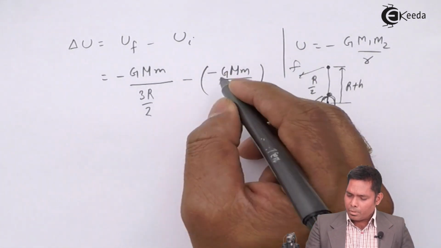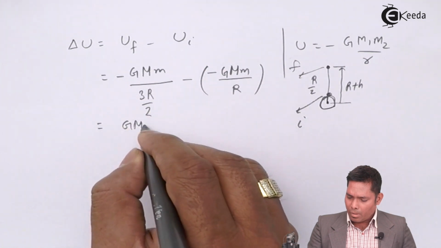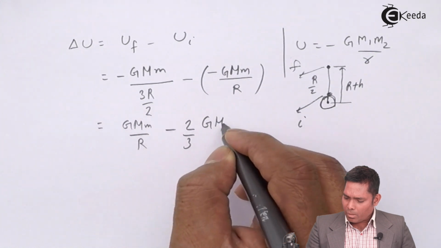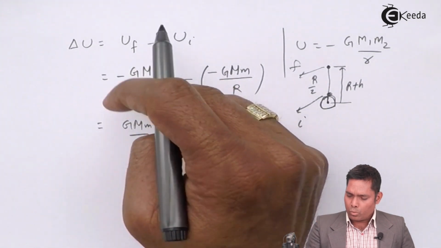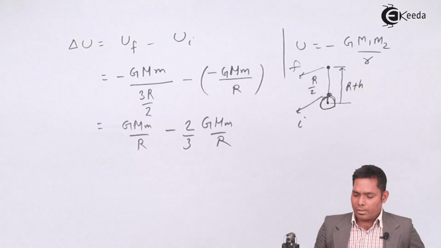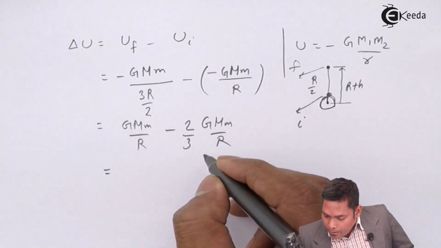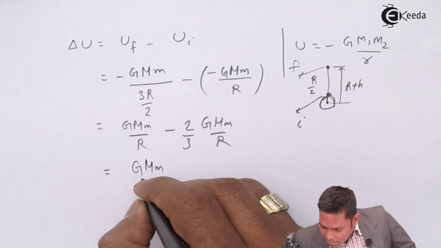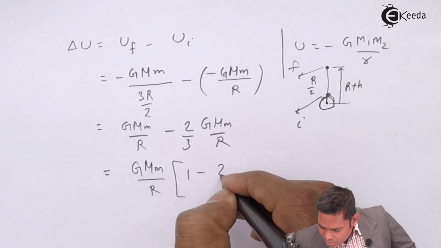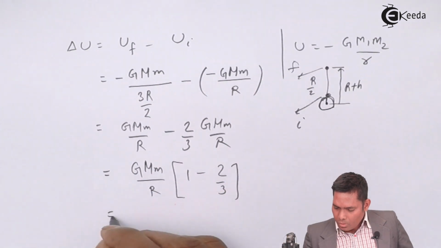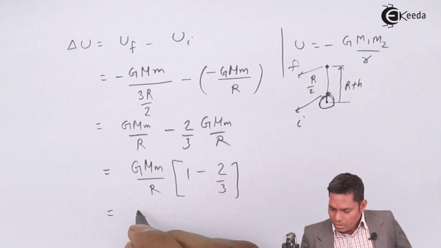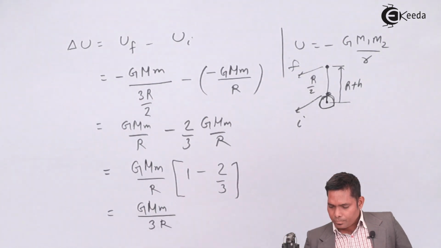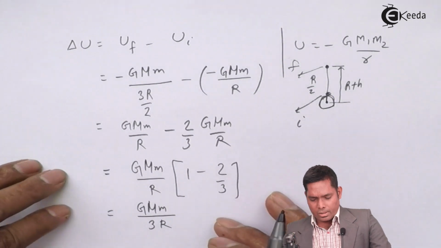This negative and negative becomes positive, so this will become G M m over R minus 2 by 3 G M m over R. I'll write G M m over R common and 1 minus 2 over 3. So from here it is 3 minus 2, 1 over 3. So it is G M m over 3R. This is the change in potential energy I'm getting.